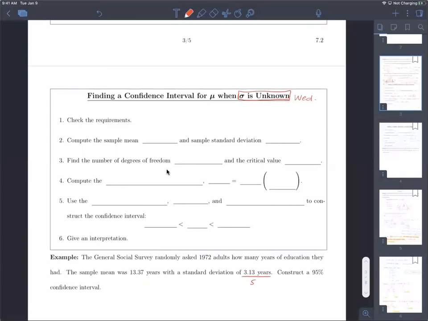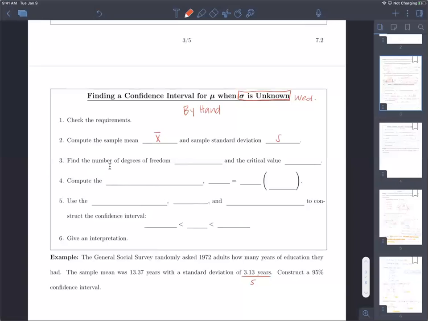All right, so here, this procedure is if you were to do it by hand. And so we'll kind of go over it, but we're not going to do the example by hand. So here, the first thing that you do is you always check the requirements. Then you compute X bar and S if you're not given those two things.